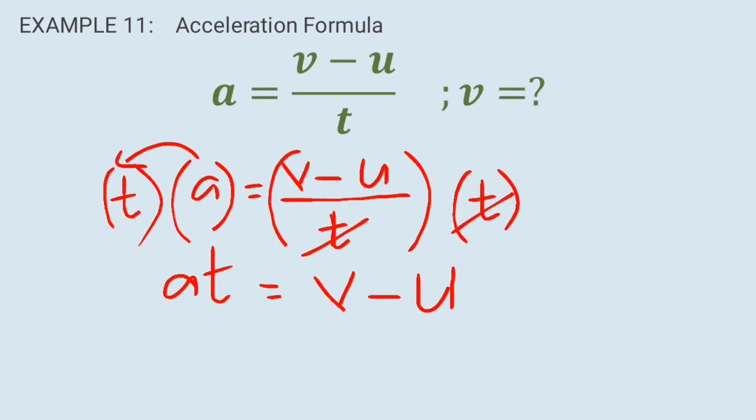So again, we are to find v. What is the formula for v? And v is on the right hand side. So what is the variable beside v? It is negative u. So to eliminate that one, we have to add u on both sides.